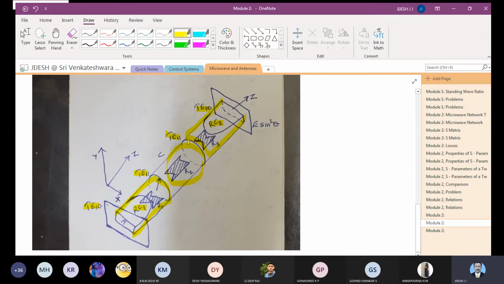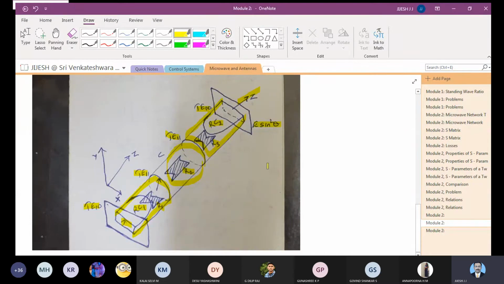Here you have three resistive films, R1, R2 and R3. The signal is given at the input at this point, and you get the output at this point. Finally, the output you get is E sine square theta.